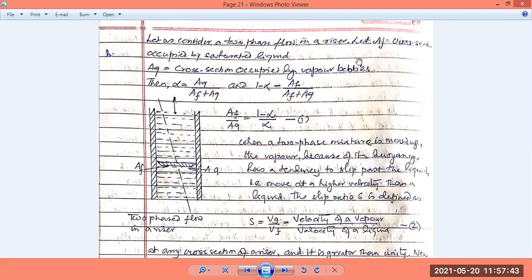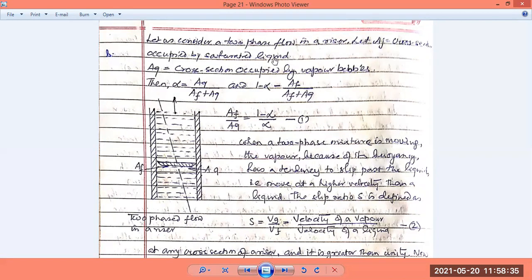AF is the cross-section area occupied by the saturated liquid itself in the riser, and AG is the cross-section area occupied by the vapor bubbles only.